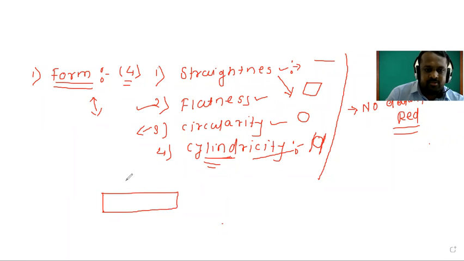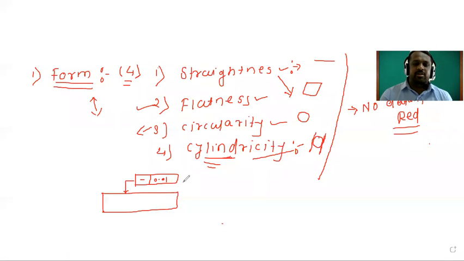Okay, then tell me what is the meaning of this? In this box, they will give it like this. Tell me what is the meaning of this? It is called the control feature.